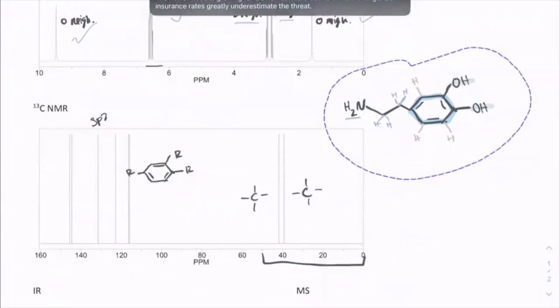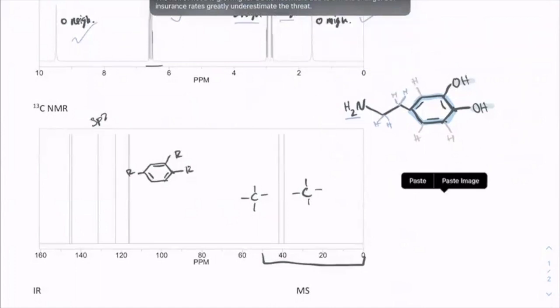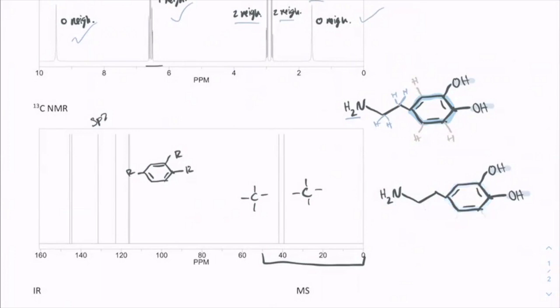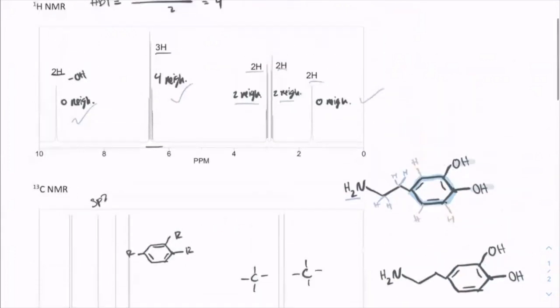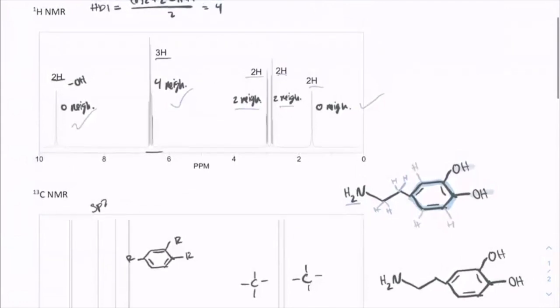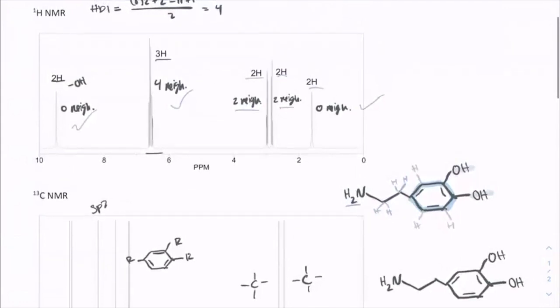Wait, wouldn't those protons on the OH though be not chemically equivalent? Or on the oxygens? They would have their own proton integration on the proton NMR. And there's no one carbon or one hydrogen. Maybe. I honestly don't.